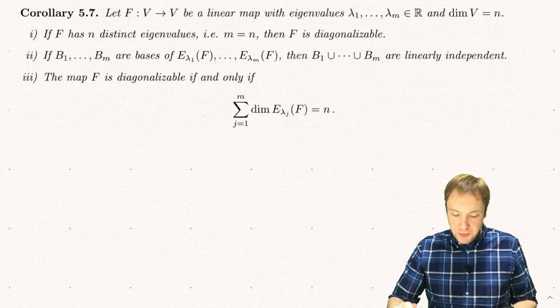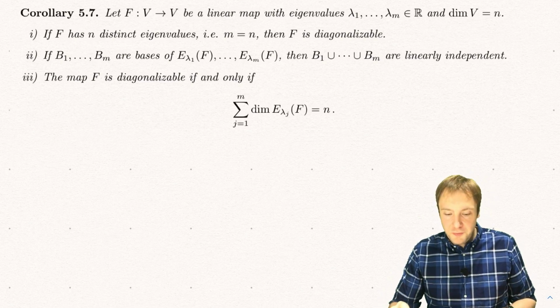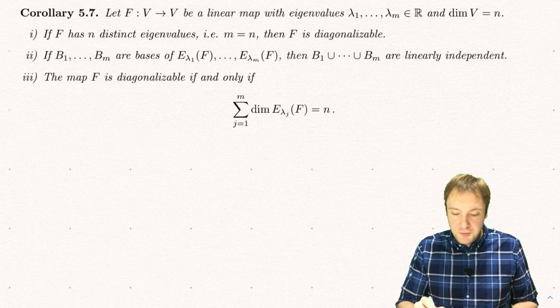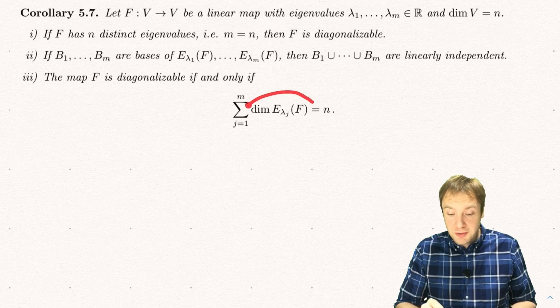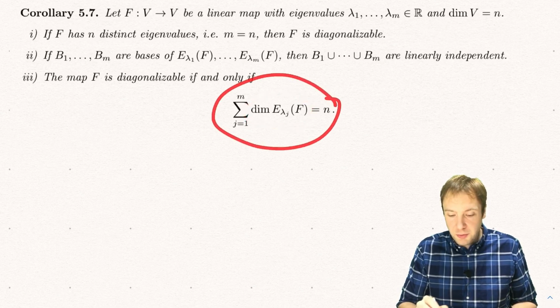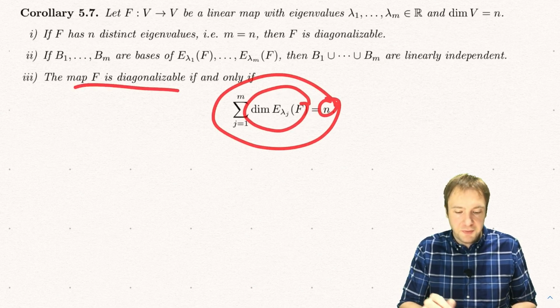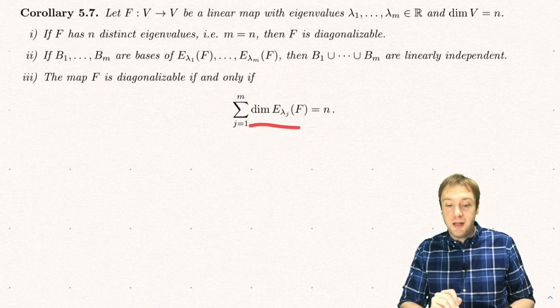And now we want to introduce 2 further notations. So we see here that the dimension of these eigenspaces might be important, because if they sum up to n, then F is diagonalizable. So they will get a name.